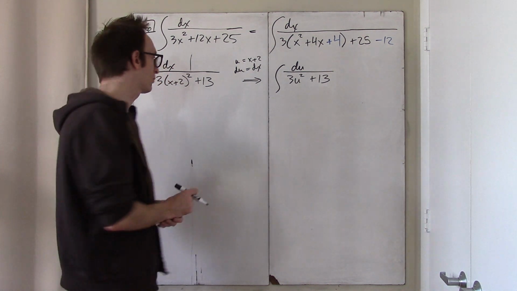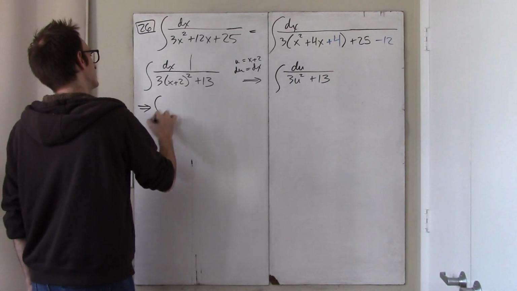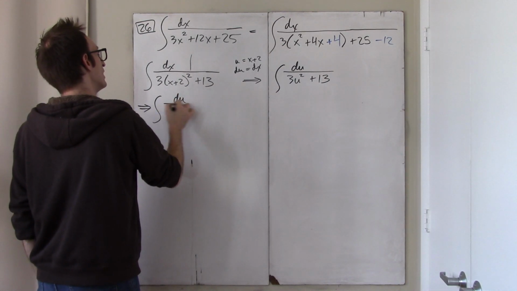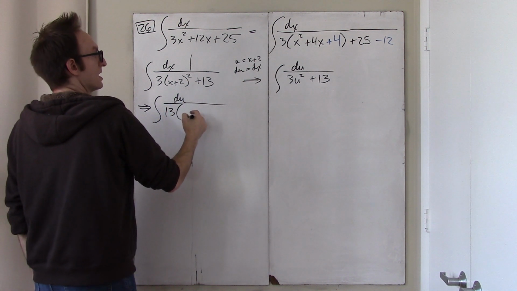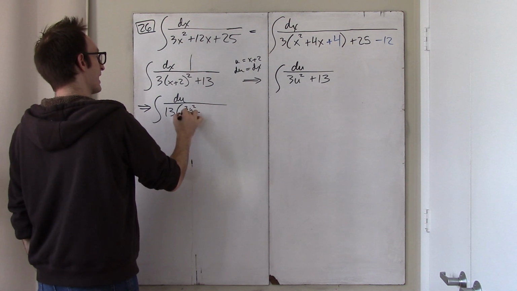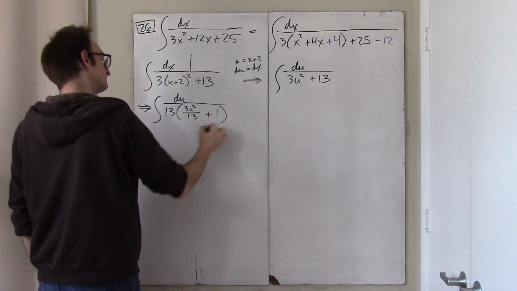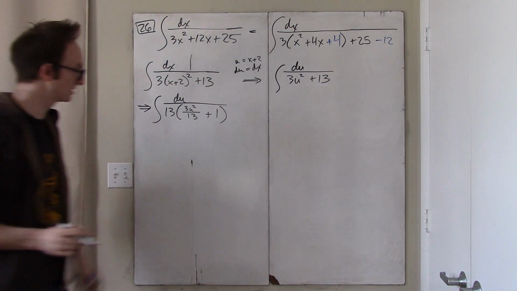So to make that a 1, believe it or not, now I have to just factor out a 13. So I get du over 13 times 3u squared over 13 plus 1. Like I said, numbers are ugly, but it's all kind of making sense.